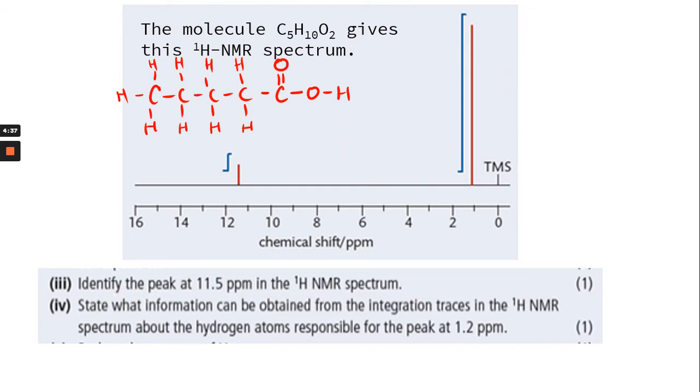For question number 3 here, it says identify the peak at 11.5. So this peak right here would represent what? So we can look at our data booklet, section 27. Now if you look there, the shifts, there's ranges and some of the ranges overlap, and that's okay. We're going to look for a range of 11.5.